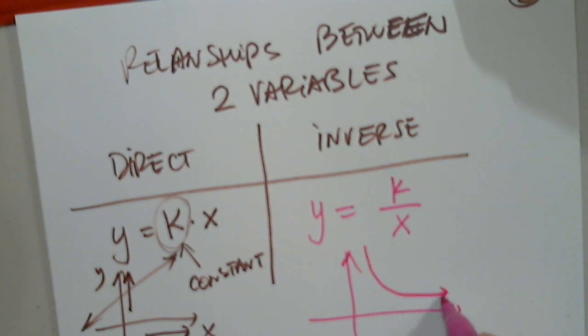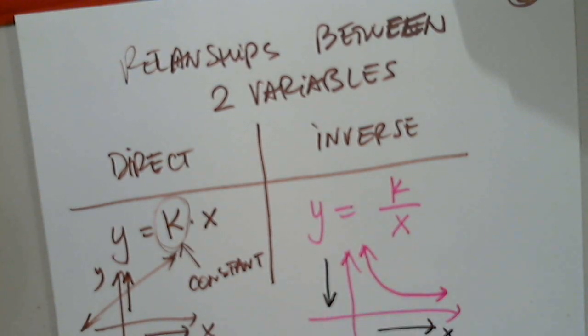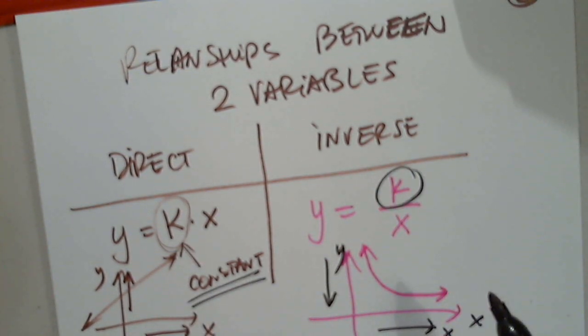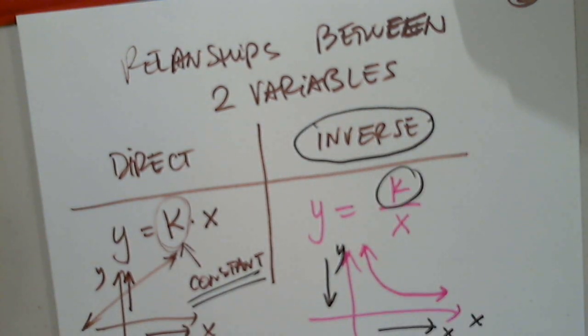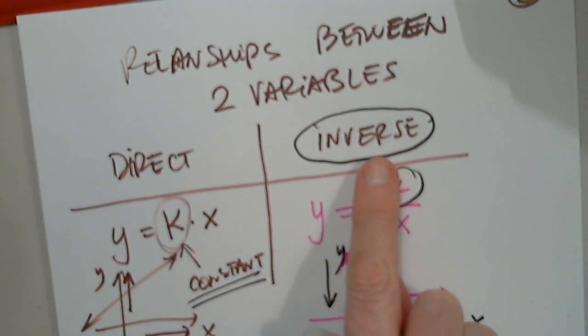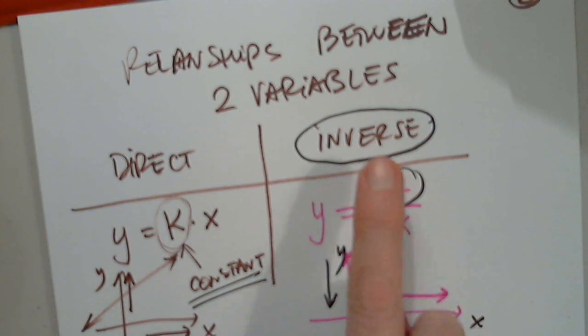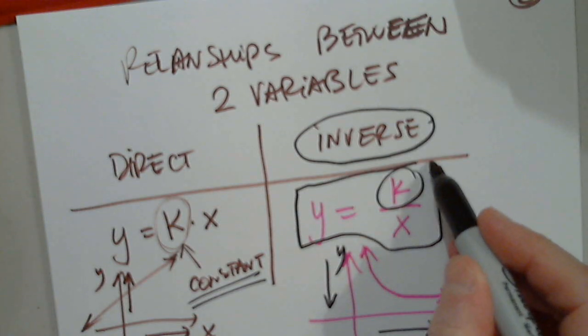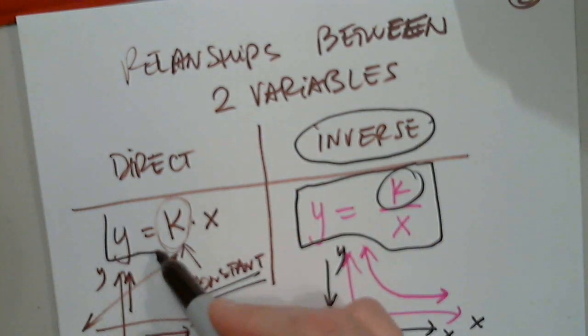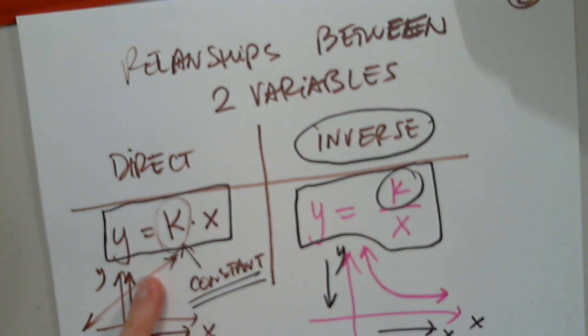Well, something like this. Why? Because as you see, as x increases, y decreases. The same thing, it's a constant of proportionality. So when you hear the two variables are related by an inverse relationship, then you have to have in mind this equation. If it's direct, then this will pop up in your mind.